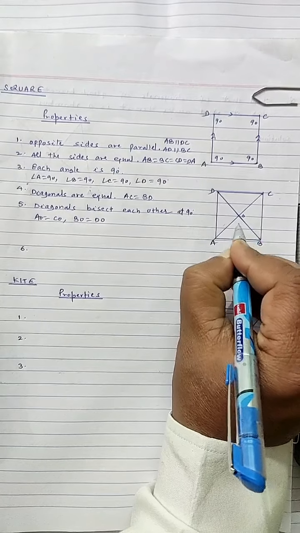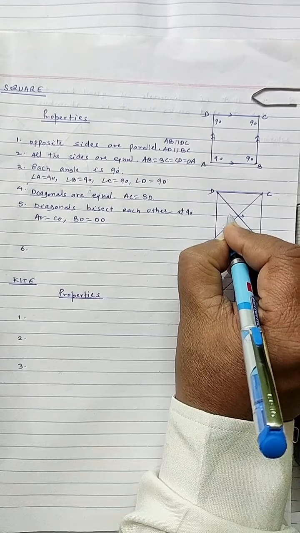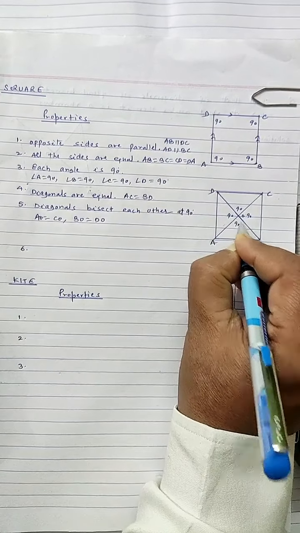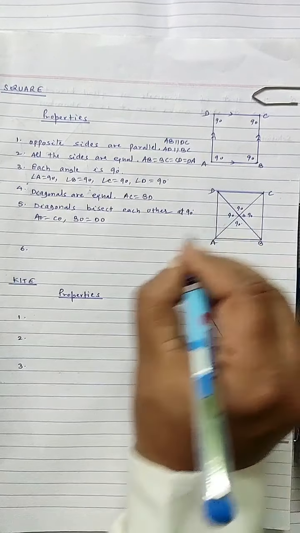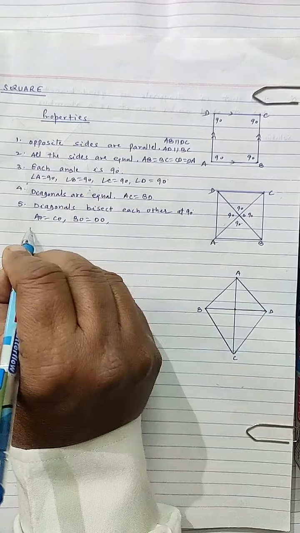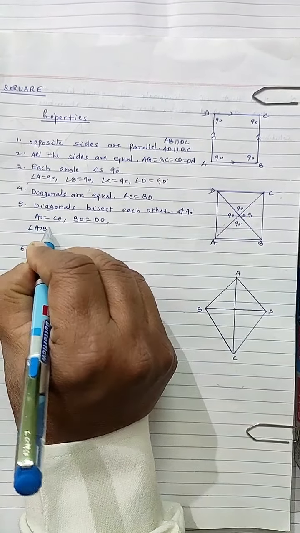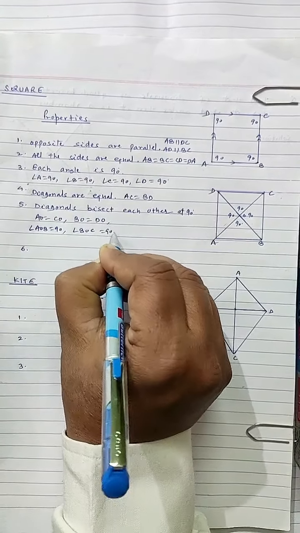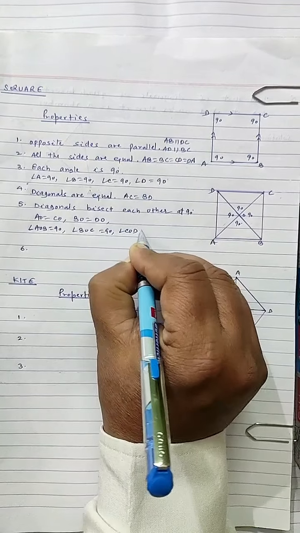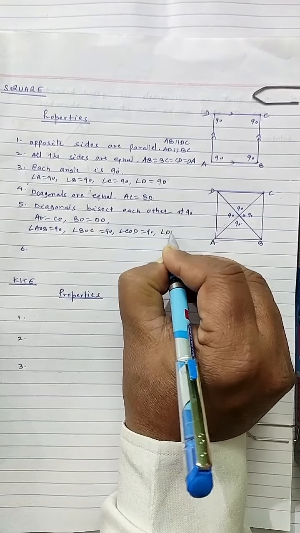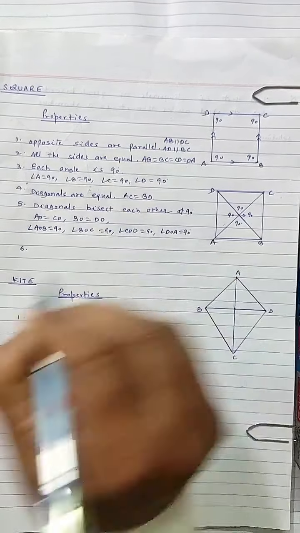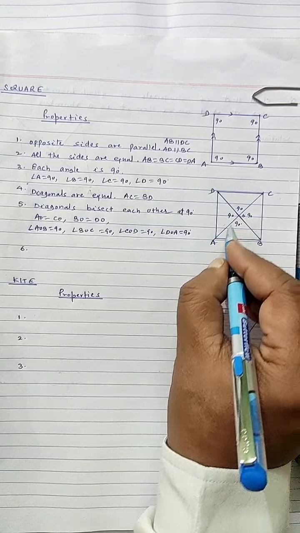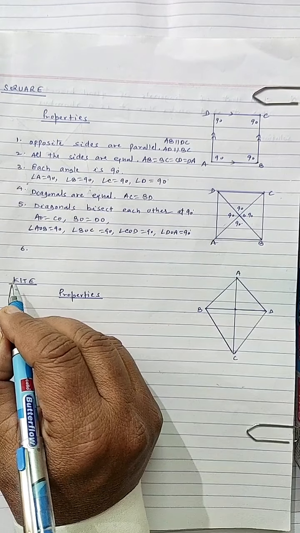AO and CO are equal, BO and DO are equal, and these angles where the diagonals intersect is 90 degree. That is, angle AOB is 90, angle BOC is 90, angle COD is 90, angle DOA is also 90.